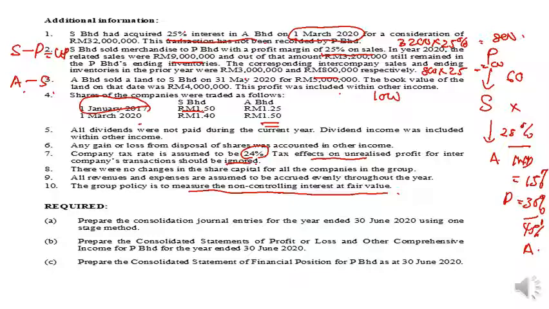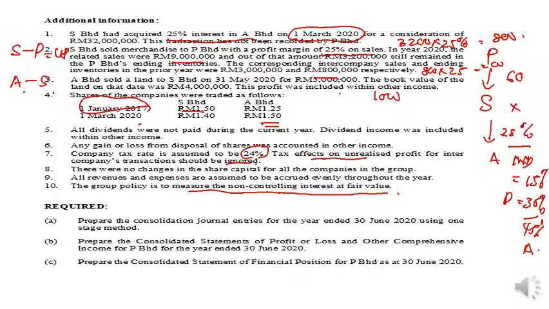Okay, and then S acquired 25% interest in A. So indirectly, P also has shares through S here. How much do you have here? You need to times 60% with 25%. So indirectly, P is going to have another 15%. So 15% plus the direct previously 30%, altogether it has 45%, still as an associate.